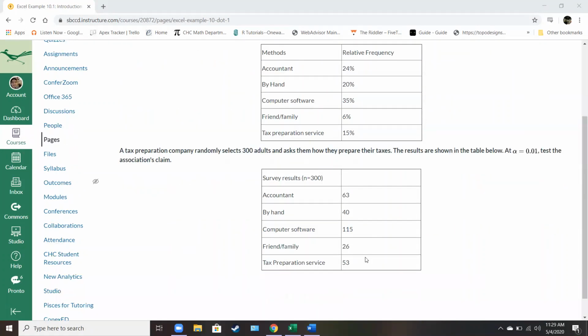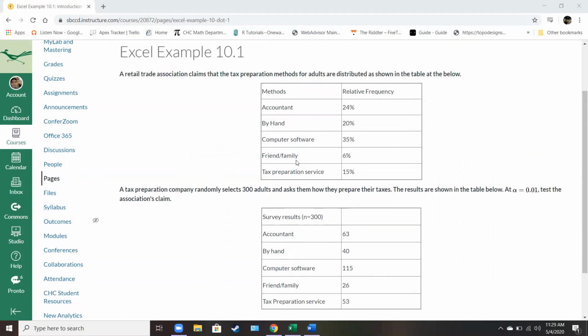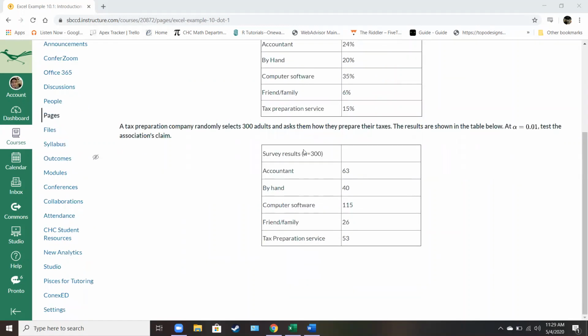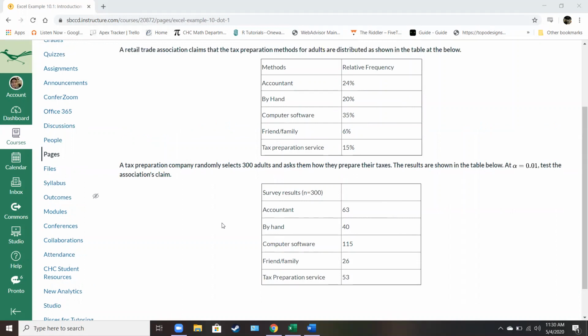And they get these results from their sample, right? At the alpha equals 0.01 level of significance, test the association's claim, right? So the association saying these percentages are true. This tax company is going to use this sample to look and see if it lines up with these percentages that were given, right?